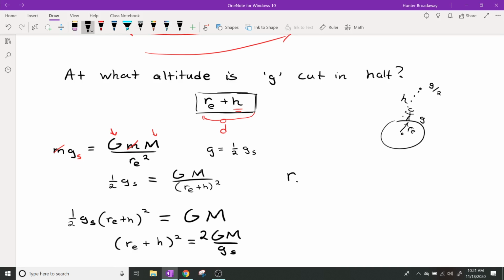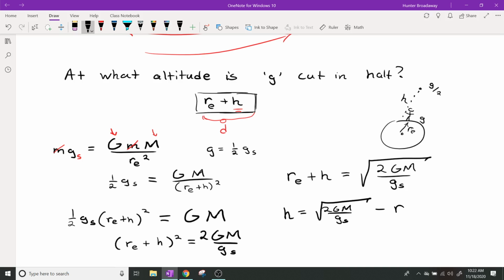So the radius of the Earth plus the height, this is just going to be like the distance, is equal to the square root of 2GM over GS. Man, that looks familiar. It's like a distant relative or something. So the height would be the square root of 2GM over surface gravity, minus the radius of the Earth.